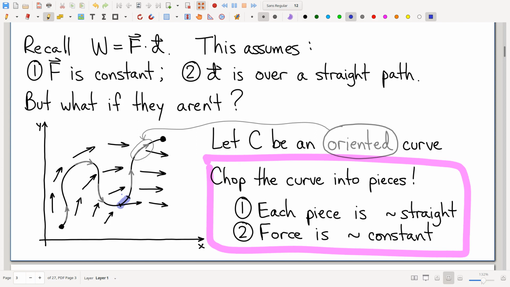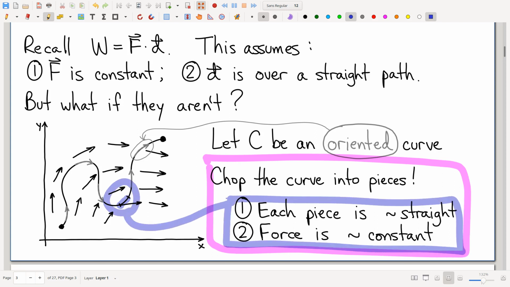Those points on this curve are not separated by very far, which means that the vector field doesn't have that much time to change, which means the vector field is approximately constant. So on the individual pieces, we really can use this old formula, just force dot displacement on each individual piece. And then you add up over the entire curve. And we're going to write all the details for that down on the next page.